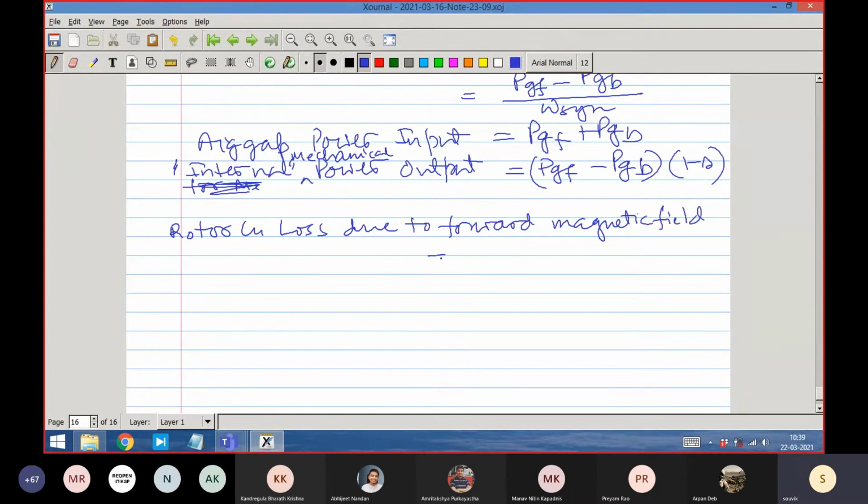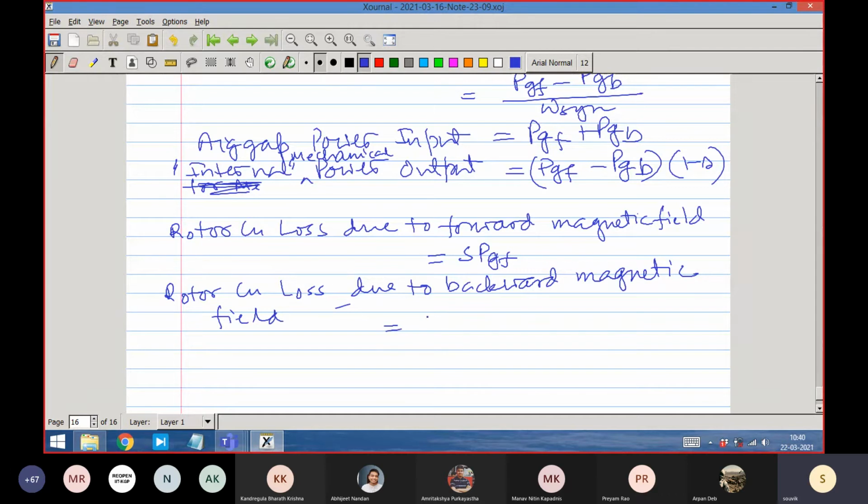Is equal to how much? S into PGF. Similarly, rotor copper loss due to backward magnetic field is equal to 2 minus S into PG backward.